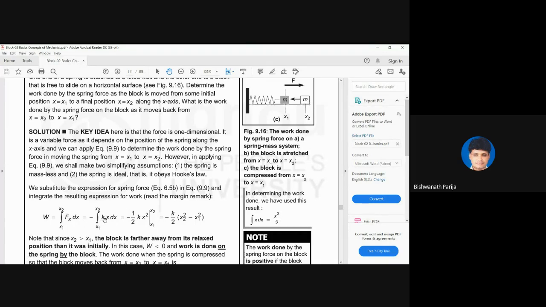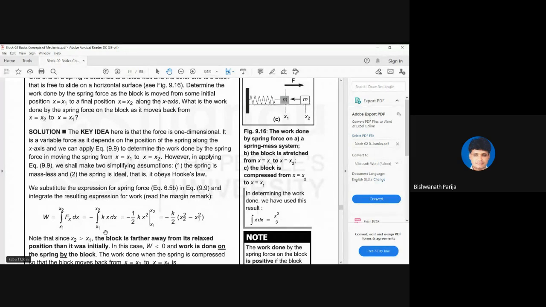Already told you previously, spring force is what? Minus kx. Everyone know or not? Yes, sir. So you do the integration: minus k, with k constant coming outside, integral of x dx is x square by 2, with limits x1 to x2. So minus k by 2 times x2 square minus x1 square.